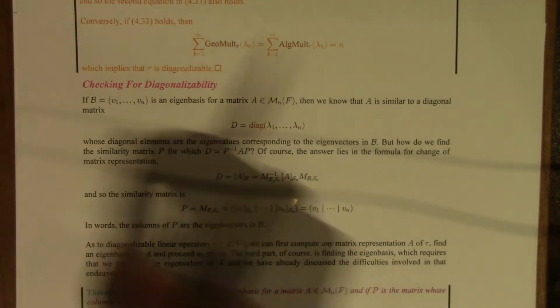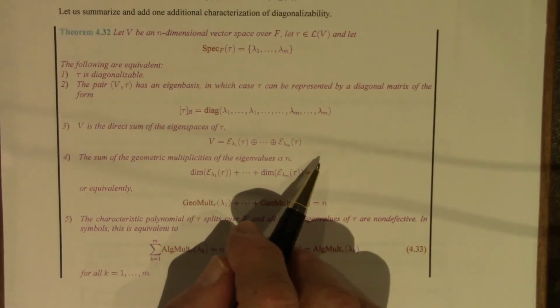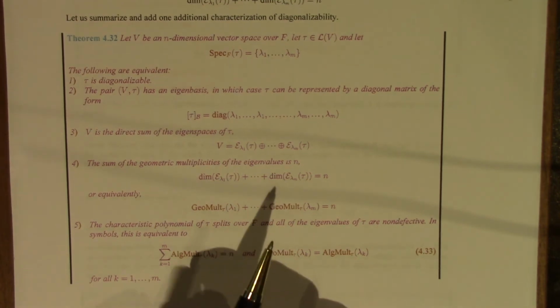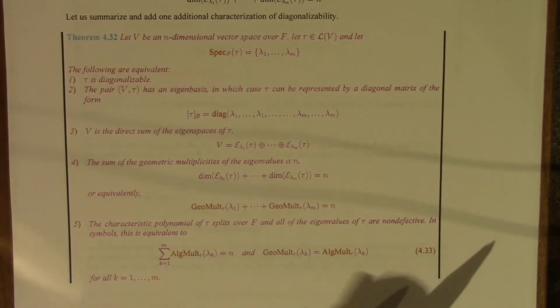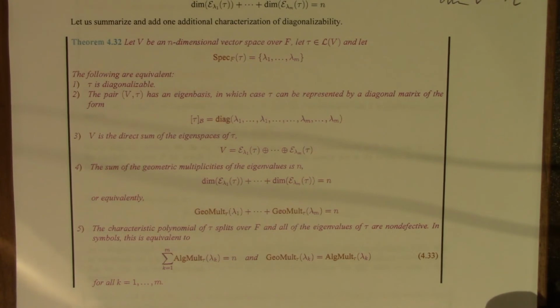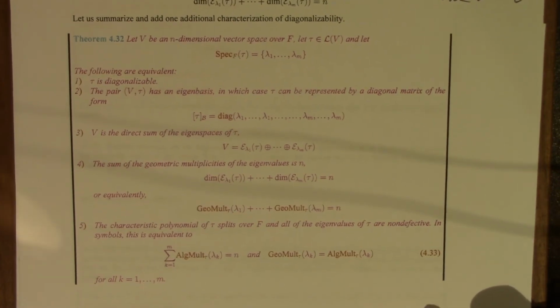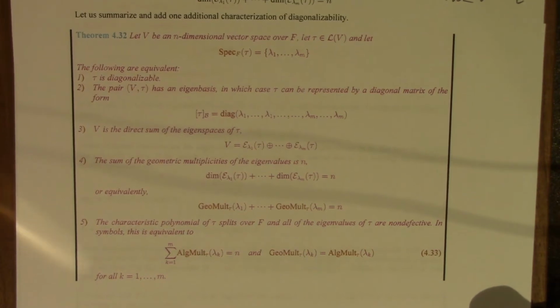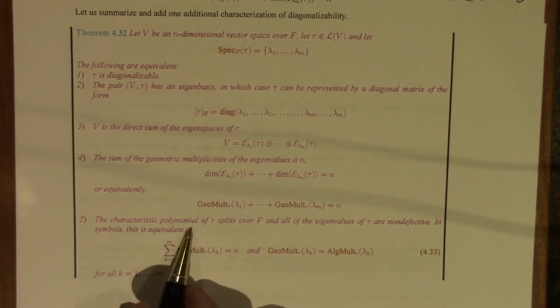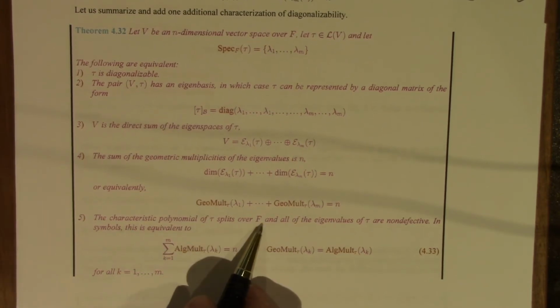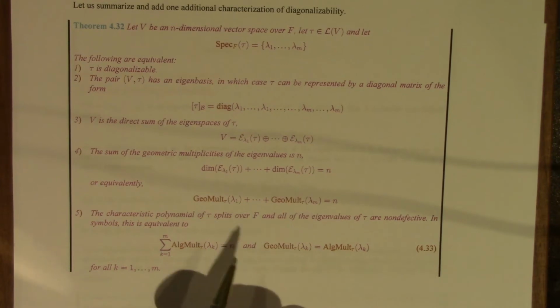So we have several ways of characterizing diagonalizability. I should point out that diagonalizable operators or matrices are rather rare. This is an exceptional situation. In the first place, the characteristic polynomial has to split over the base field.